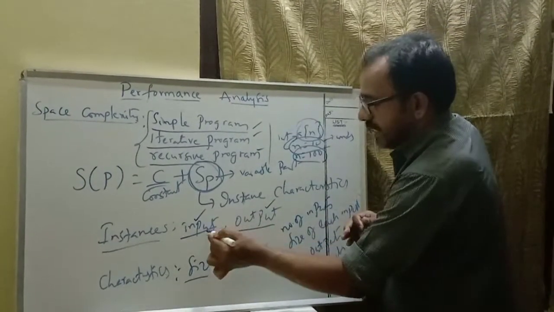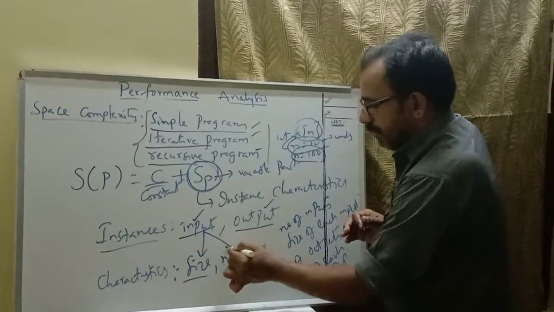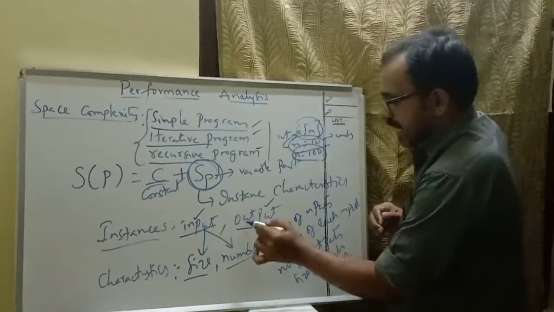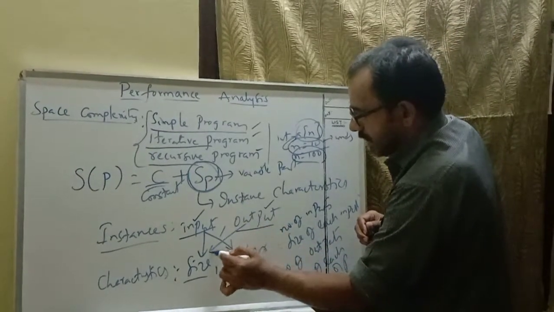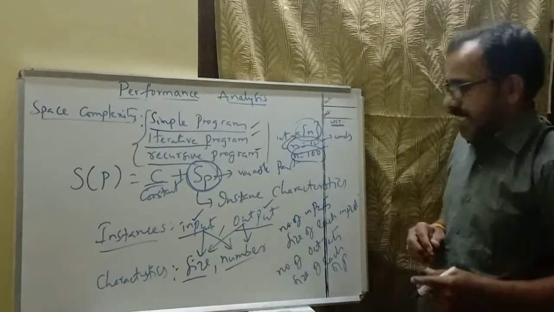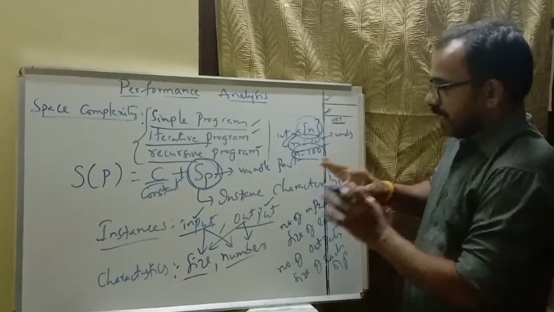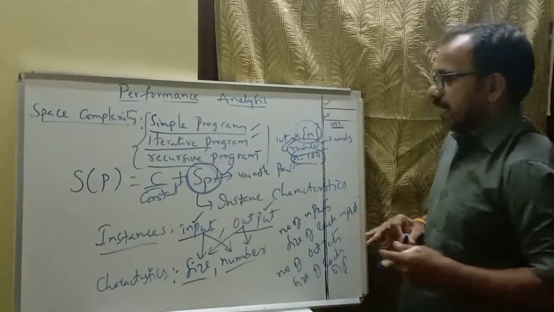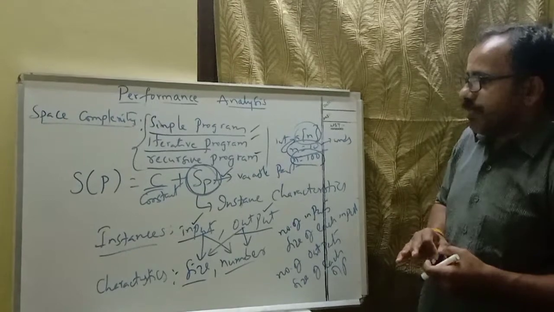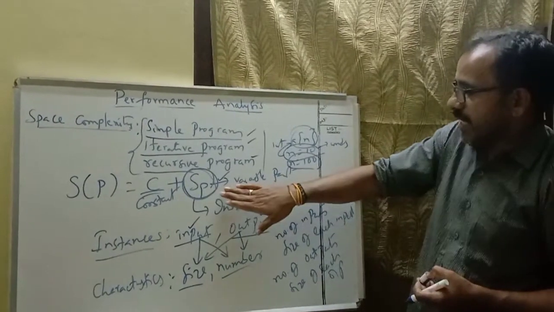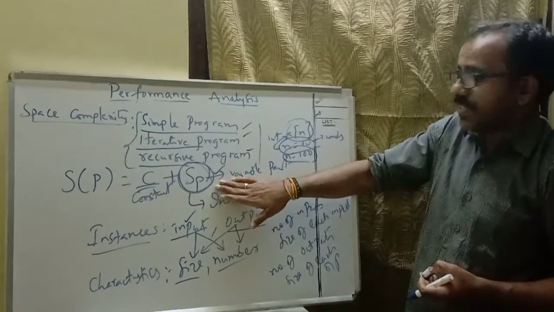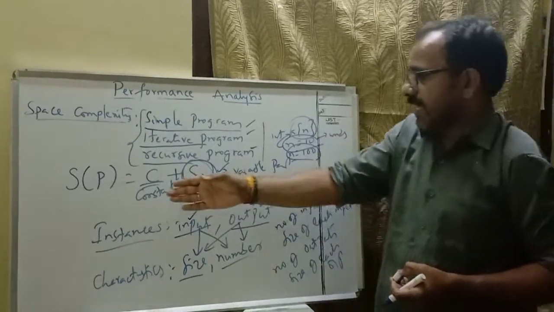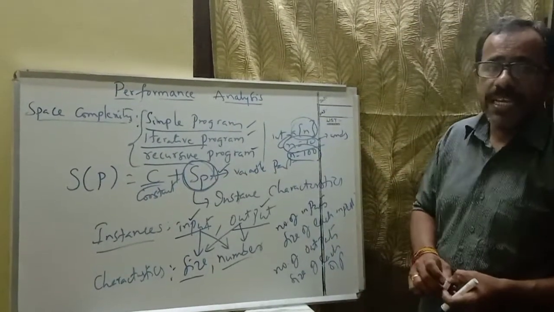Now, the first instance related characteristics are the number of inputs and size of each input. And the second instance related characteristics are the number of outputs and size of each output. So based on that, the running time related space is varying. That's why we must concentrate on this one, because anyway, this particular space is treated as a constant part.